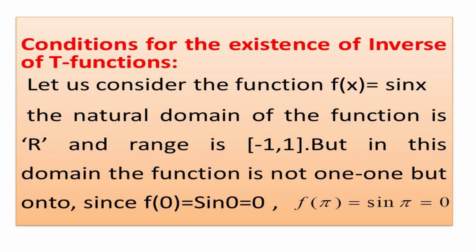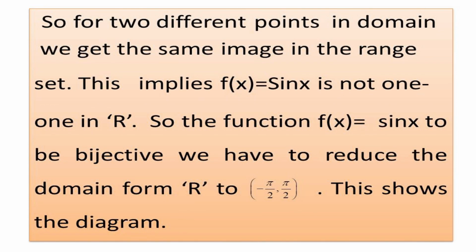Since f(0), that is sin 0, is 0, f(pi), sin pi, also equals 0. So, for different points in the domain set, we get the same image in the range set.